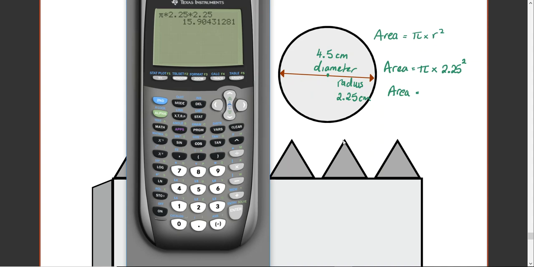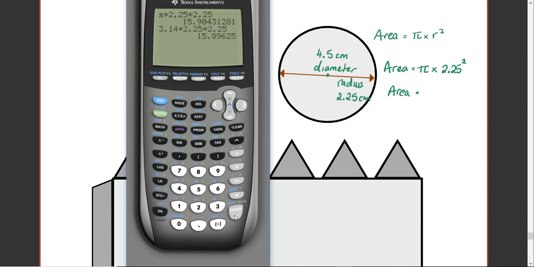If you don't have pi, guys, just look at the difference. If I do 3.14 multiplied by 2.25 multiplied by 2.25 again, we will get a slightly different answer because pi isn't exactly 3.14.